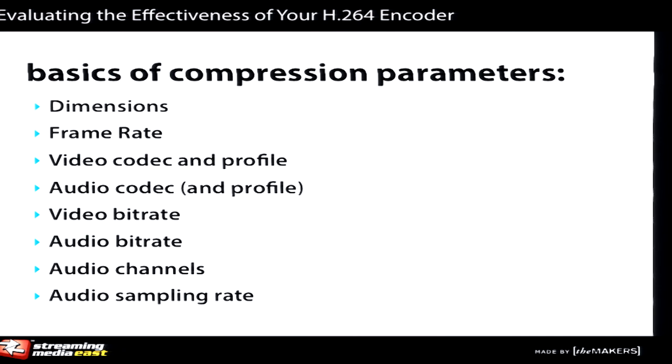Every encoder can do what I would call the basics that I have up here in this list. It's all the common things that go into any video picture: dimensions, frame rate, codecs. Hopefully you have profile settings. That's still a bit of a distinction. I will talk about live encoders too a little bit. It's not part of my session description, so it's probably the most incomplete of any of the data I'm about to show you today. But live encoders are still in that world.